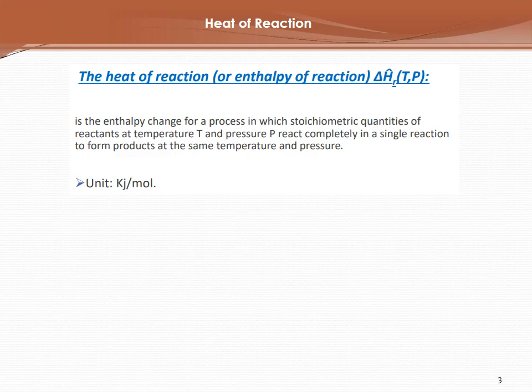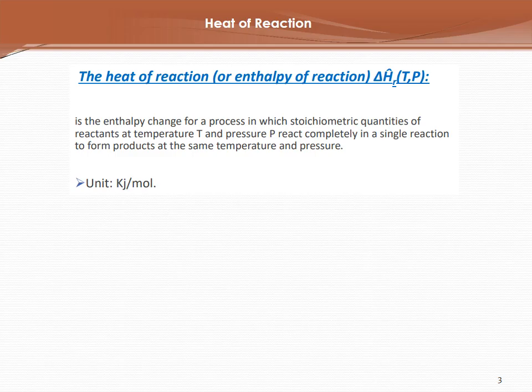If you look at the textbook definition, it says heat of reaction is the enthalpy change for a process in which stoichiometric quantities of reactants react. When I say stoichiometric quantities, these refer to the values corresponding to the balanced chemical equation, at a certain temperature and pressure.